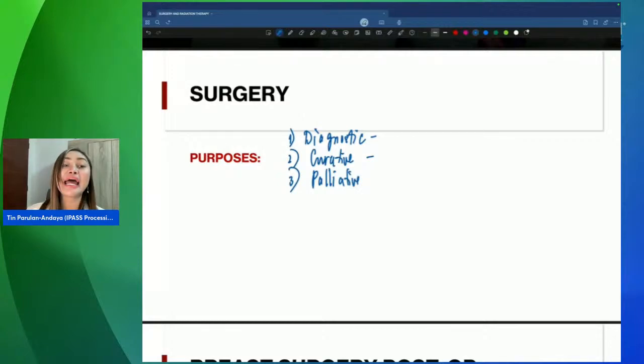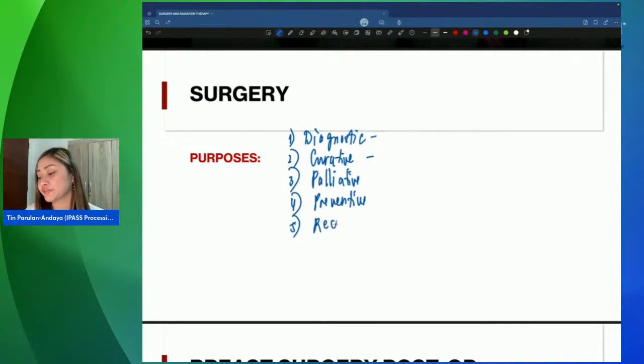And finally, we have the preventive, which is also your prophylactic surgery. This is when we remove tissue that is not yet cancerous, but has a very high risk of becoming malignant.